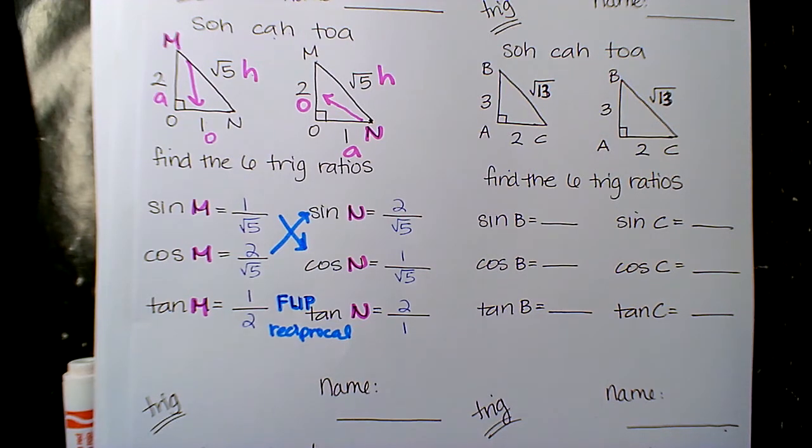So then cosine became sine and sine became cosine. And so because the O and the A switched, the tan of M and tan of N become the reciprocal of each other. Okay, that's always the case. So if I want the 6 trig functions, once you find the first 3, you have the other 3. Okay, so let's look at the second one.